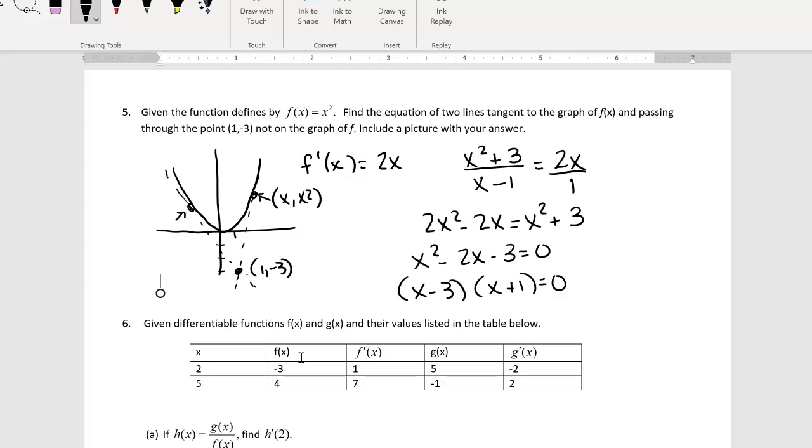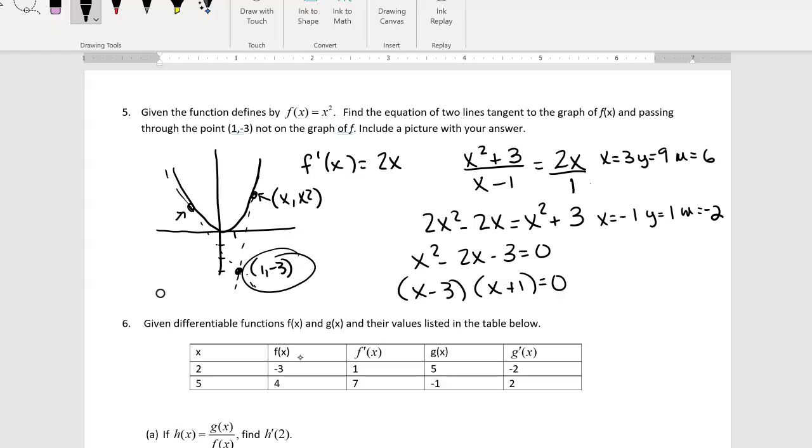and the slope. You could use the 1, -3 for both lines and point slope, and a couple of you did it that way that got this right. If you didn't see to do that, then when x is 3, y is 9, and the slope is 6. When x is -1, the y is 1, and the slope is -2.